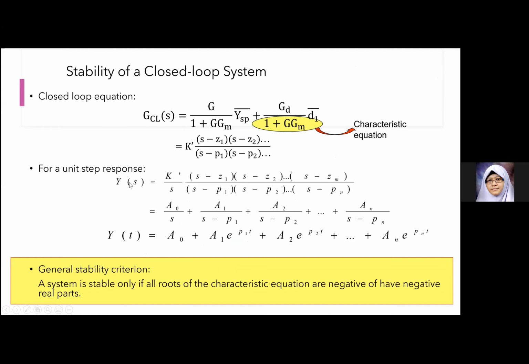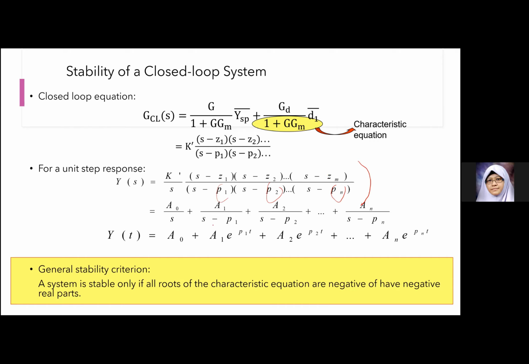Okay, so for a closed loop feedback control system, you will have this feedback control equation. You know how to derive this already. So this is the characteristic equation, and from this characteristic equation, following a step response, we can get the poles and the zeros. Normally, if you have higher than second order, it's a higher order system.